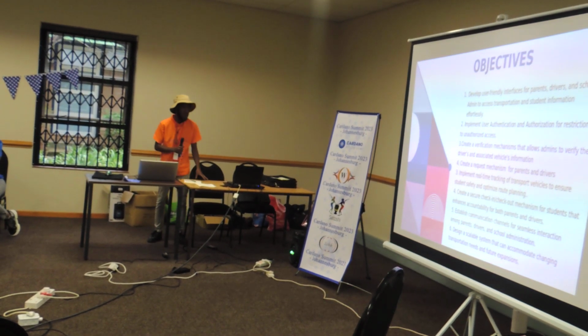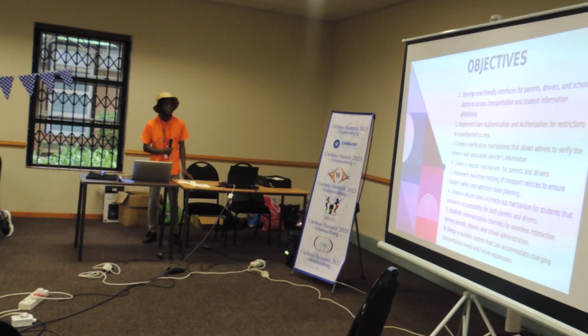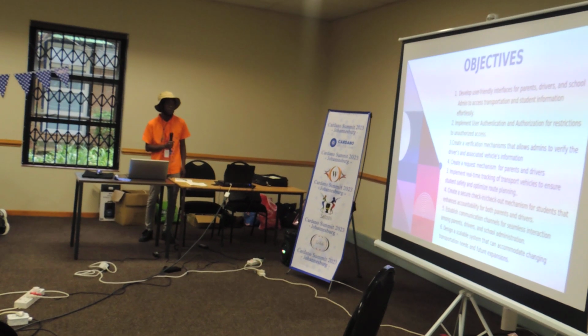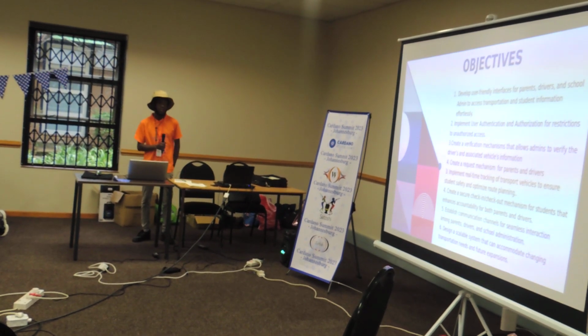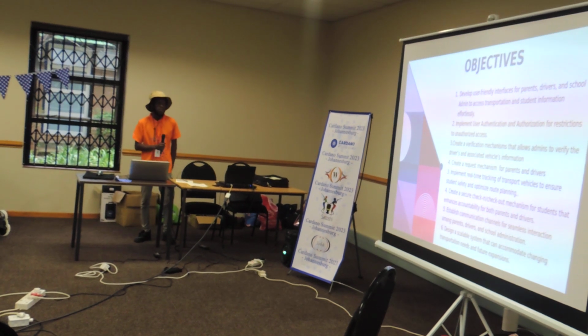So the objectives when we were building the system were, first, to develop a user-friendly interface for parents, drivers, and school admin to access transportation and student information effortlessly. We implemented user authentication and authorization to restrict unauthorized access.